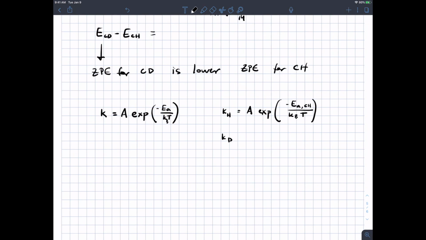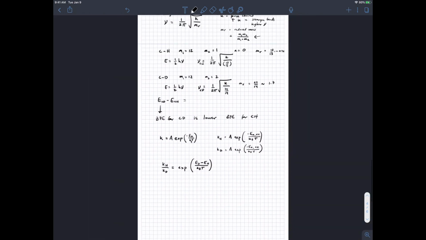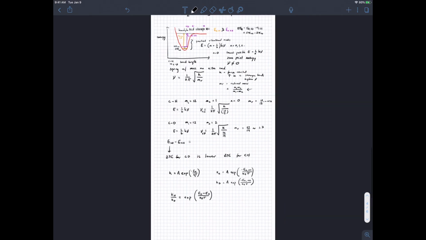Similarly, the rate constant for breaking the carbon-deuterium bond ought to be equal to e to the minus the activation energy for the carbon-deuterium bond breaking divided by Kb times T. And if we divided the rates to determine whether hydrogen's faster than deuterium, what would come out of that analysis is that it all depends on the difference in energy of activation for deuterium versus hydrogen.